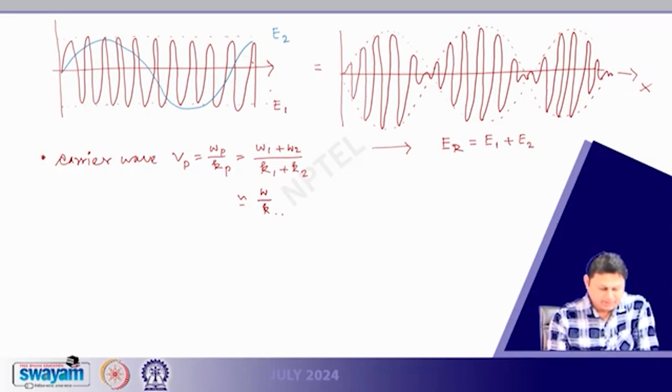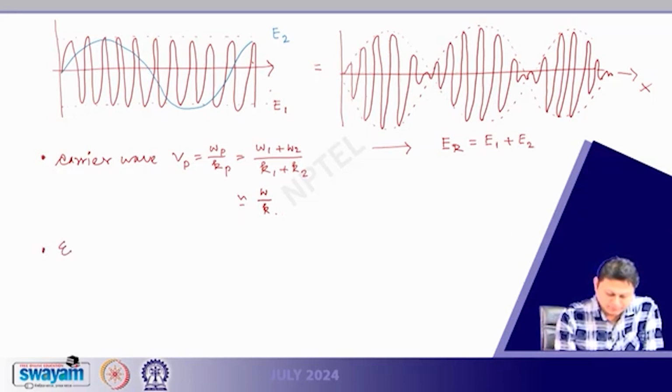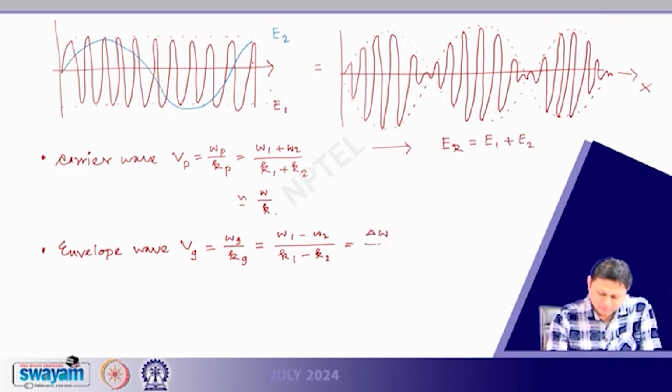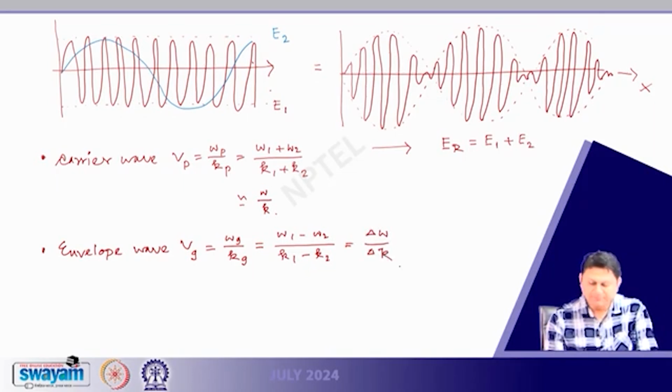Well, on the other hand, the envelope wave has a velocity Vg, which is omega g divided by kg, and that is essentially omega 1 minus omega 2 divided by k1 minus k2, which is delta omega divided by delta k, where delta omega is the difference between these two frequencies and delta k is the difference between the wave numbers they have.